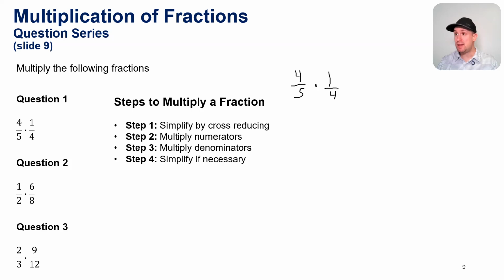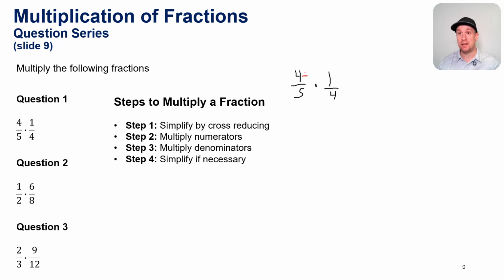My recommended first step when you're working with fractions is to reduce to start. The reason we want to do this is it keeps the numbers smaller, right? So when you work with smaller numbers, you are less likely to make errors in calculation. So looking diagonally, we realize that we can reduce the 4s, right?